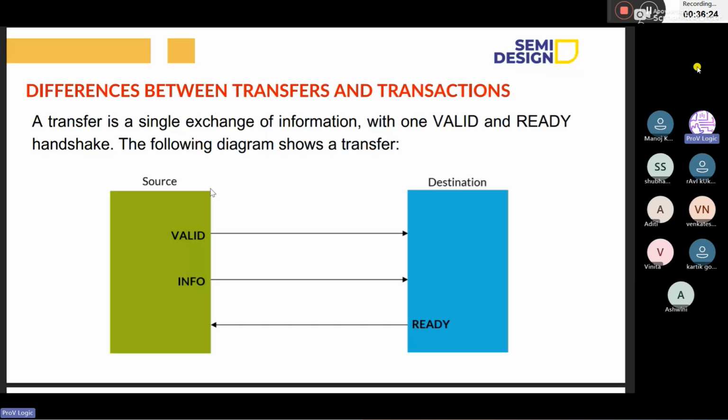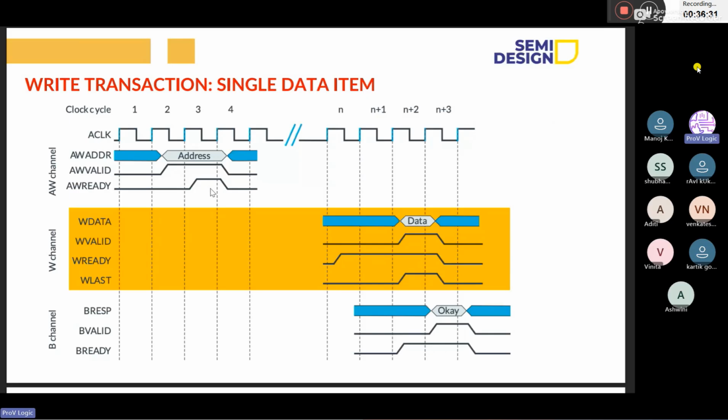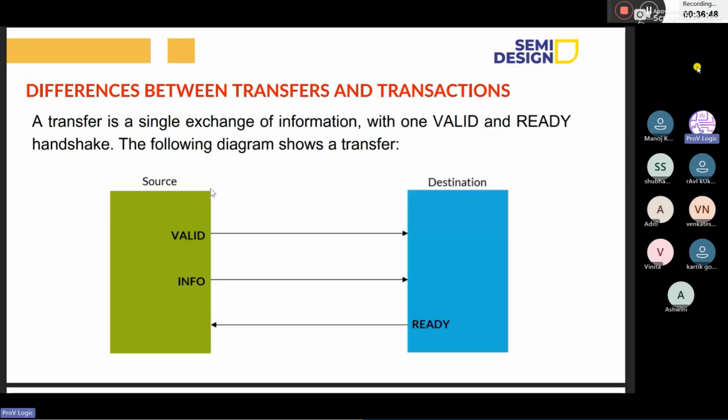In the same way in AXI we have address channel, write channel, response channel for write. For read, a read address channel and read data channel. So transfer means different transfers like address transfer, data transfer, response transfer.